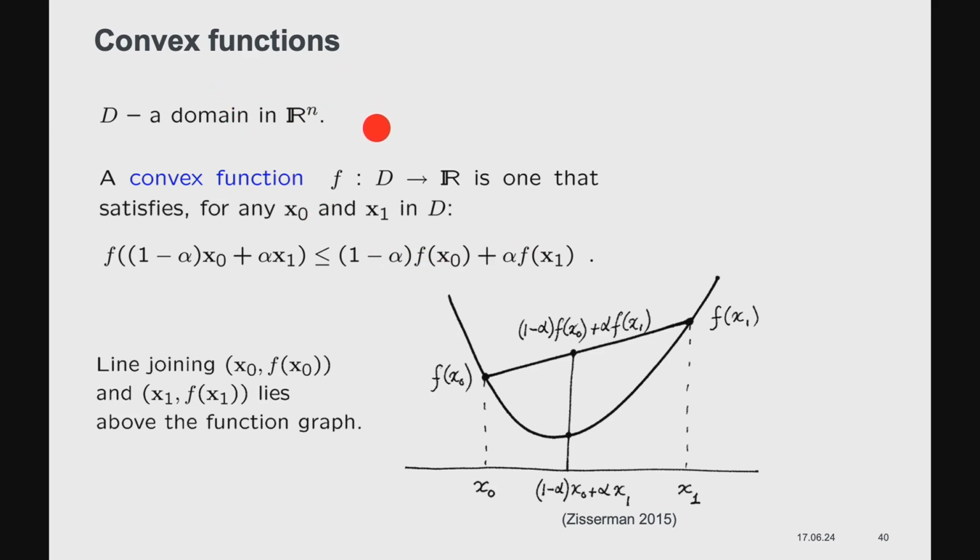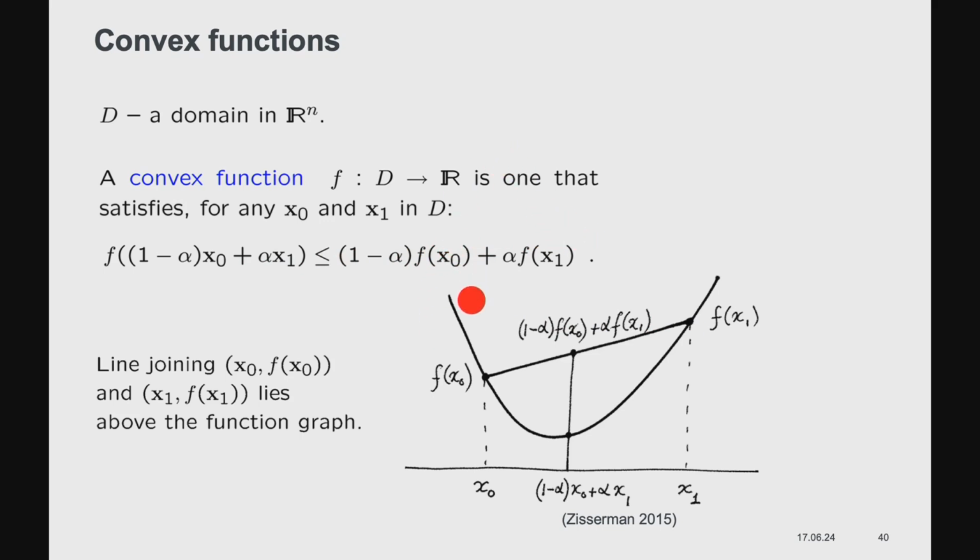A function is convex if it satisfies the fact that for any point, so given 2 points, here we have a point x0 and a point x1, and we evaluate the function f at x0 and at x1. For any point between x0 and x1, the function value is less than the average of these 2 values.